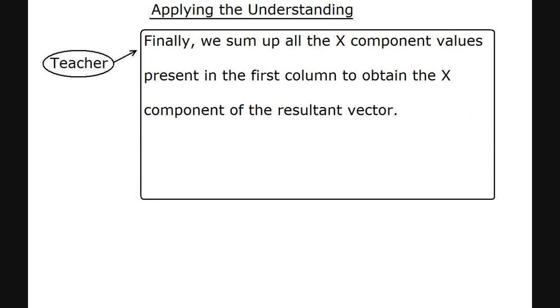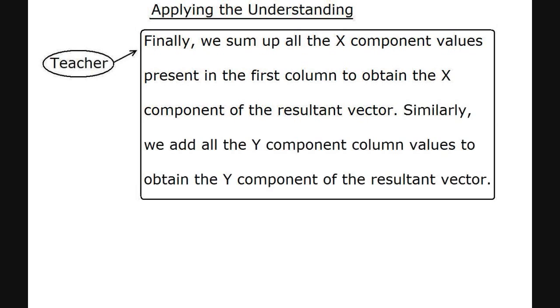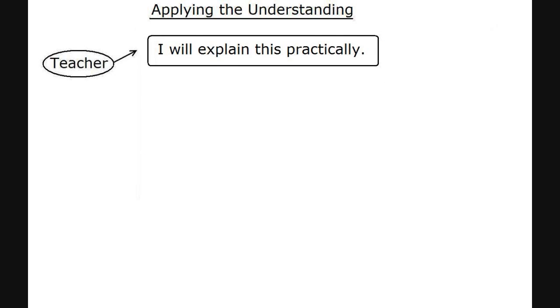Finally, we sum up all the x component values present in the first column to obtain the x component of the resultant vector. Similarly, we add all the y component column values to obtain the y component of the resultant vector. I will explain this practically.